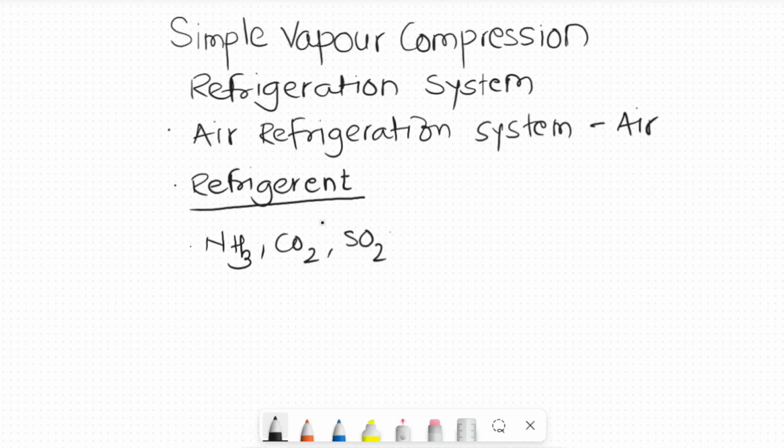The difference between air refrigeration system and vapor compression refrigeration system is that the refrigerant does not leave the system, but it is continuously circulated throughout the system, so that it will have the effect of condensation and it will have the effect of evaporation.